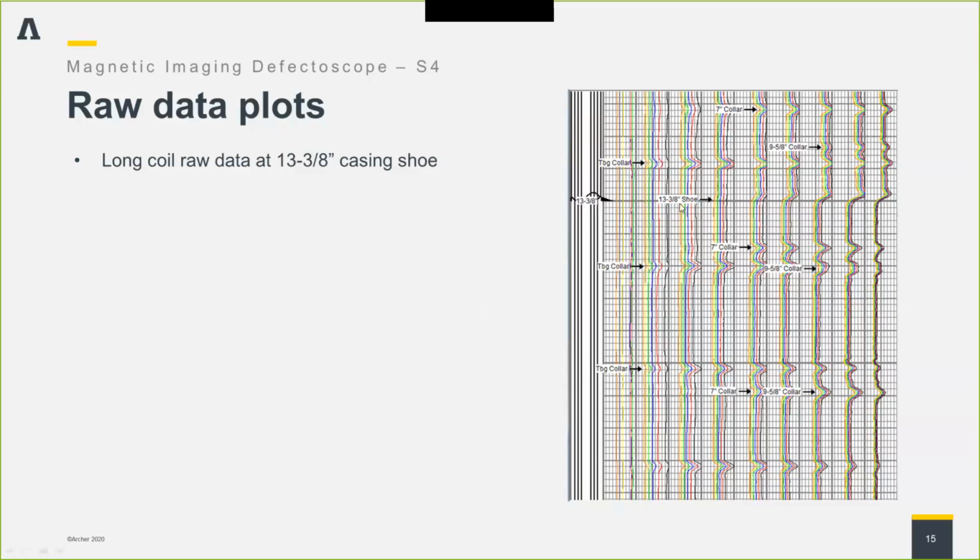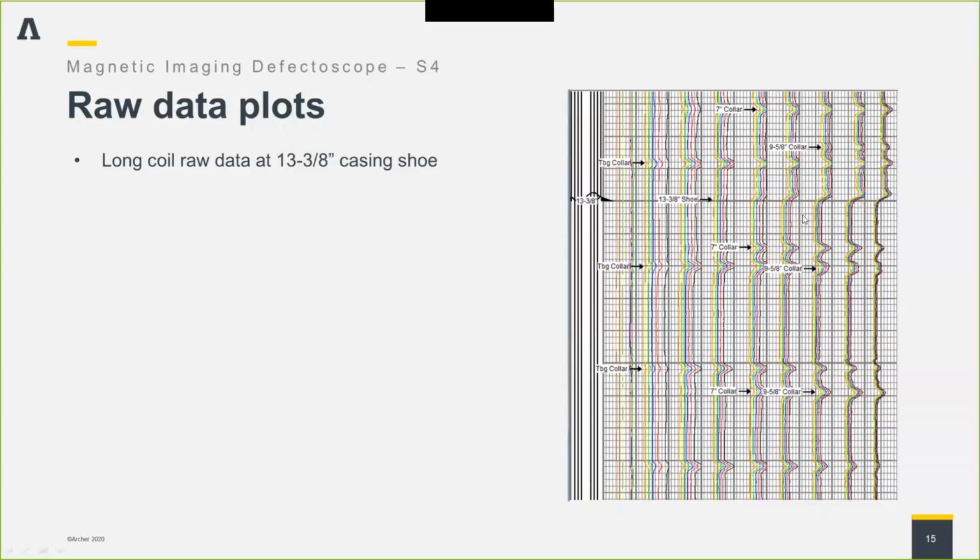As we go further to the right, we go further out in time, and we start to see a change in the signal that we're getting on the later time arrivals. The signals are getting larger, being delayed in their decay. That's an indication of more metal mass. So that corresponds to where the casing shoe is. Above this point, we have a higher signal. Below, we have a lower signal.